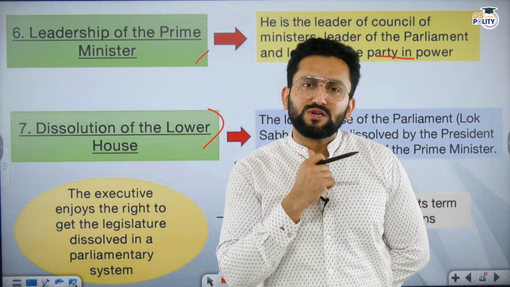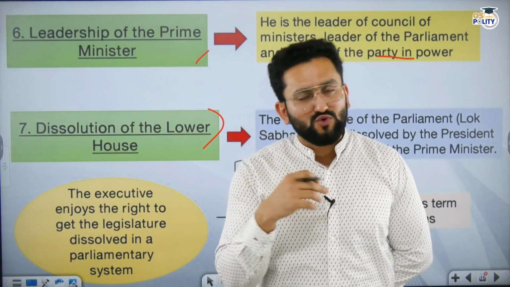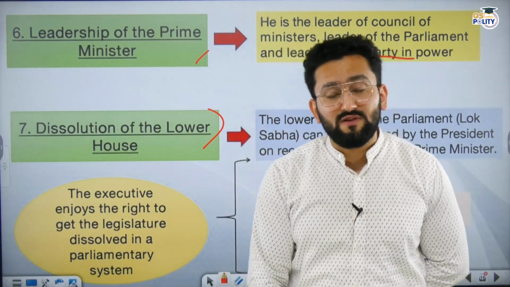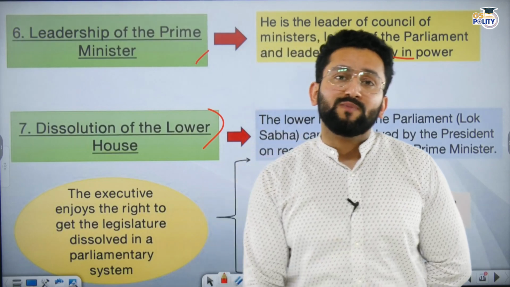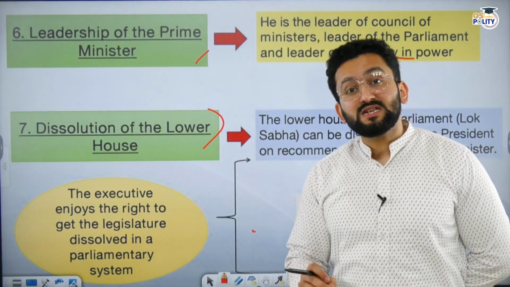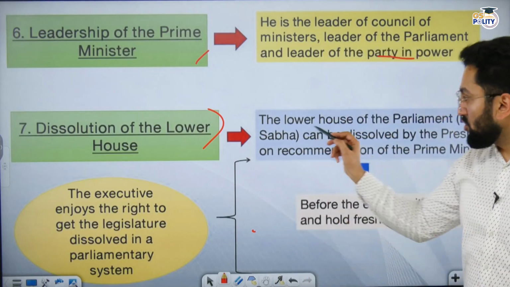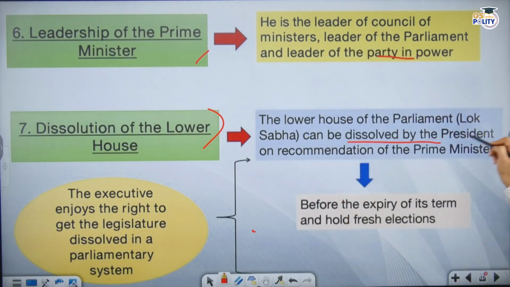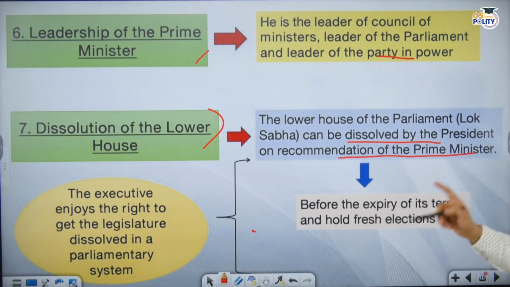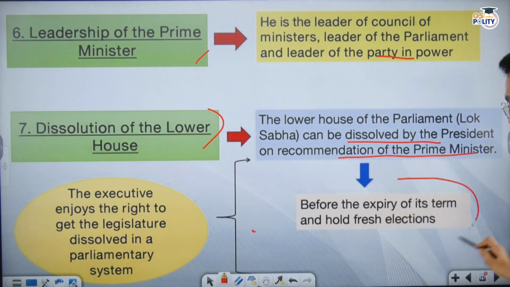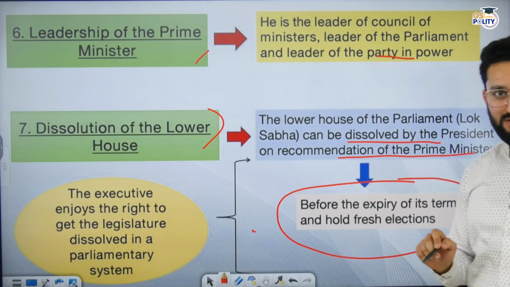One year is left for the Lok Sabha. Then they will say, no sir, the circumstances are such that we want the election to take place now. So in this case, the President can dissolve Lok Sabha. Okay. So the lower house of the Parliament, Lok Sabha, can be dissolved by the President on the recommendation of the Prime Minister. Dhyan rakhiyega, before the expiry of the term, and hold fresh elections.